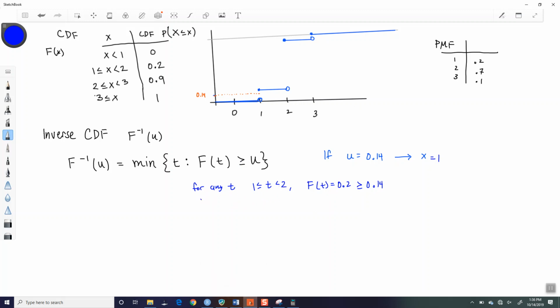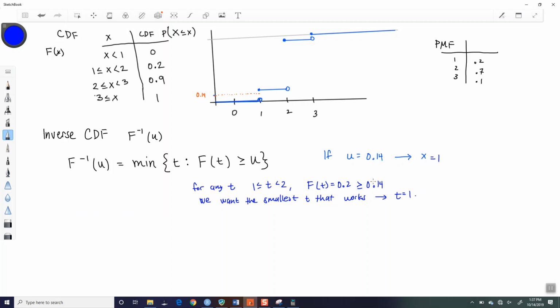And we want the minimum t. We want the smallest t that still qualifies, okay? Which in this case is t equal to 1, all right? So F inverse of u equal to 0.14 is going to be 1.